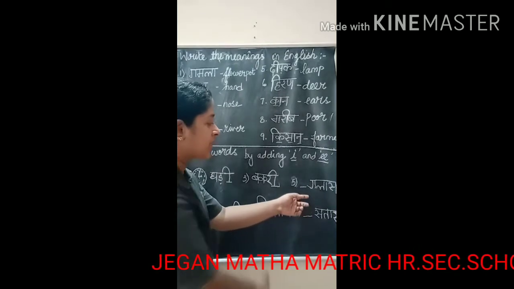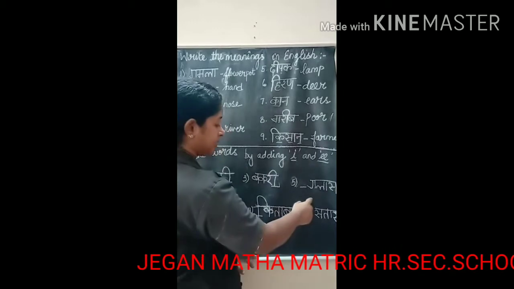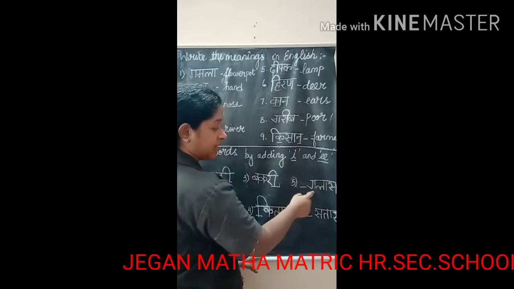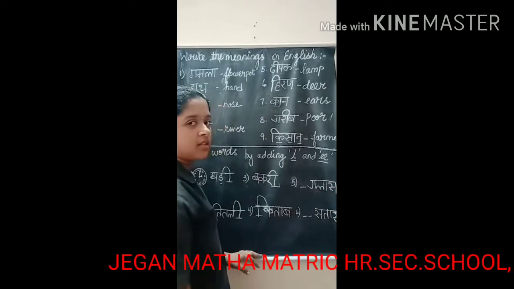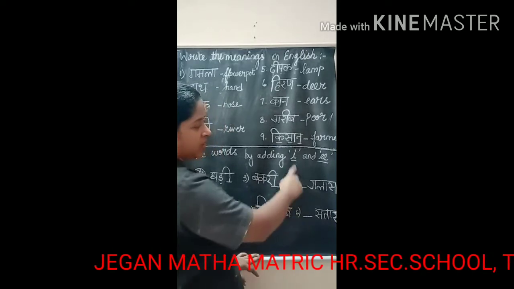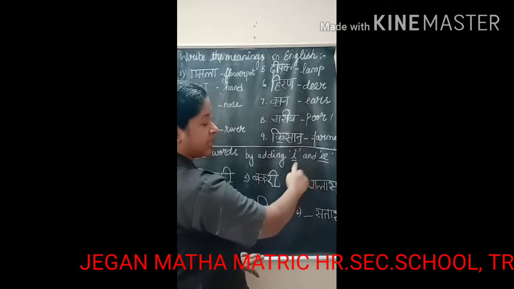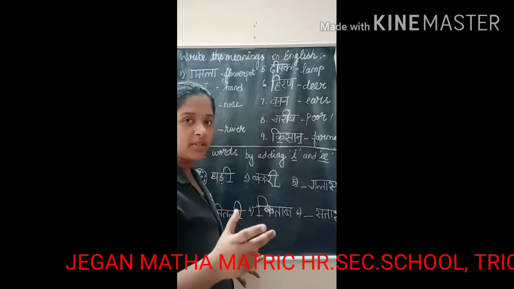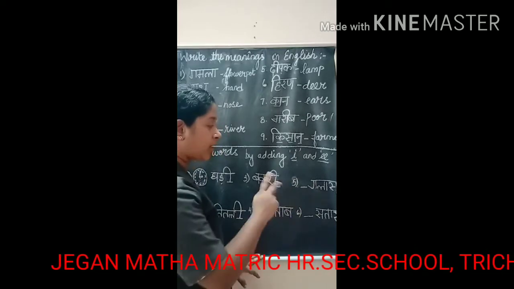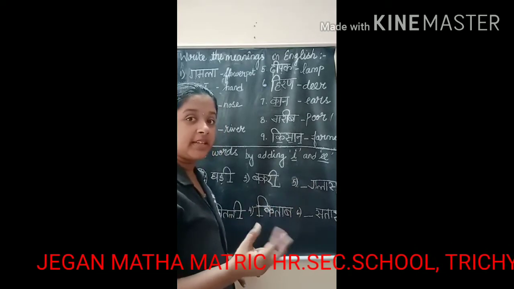Next, the fifth word is gilas. It's a three-letter word. We have to use either of the symbols E or E. So while pronouncing it, we have to find that this word is glass. Glass.